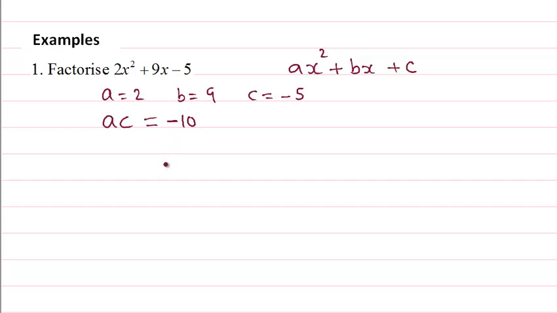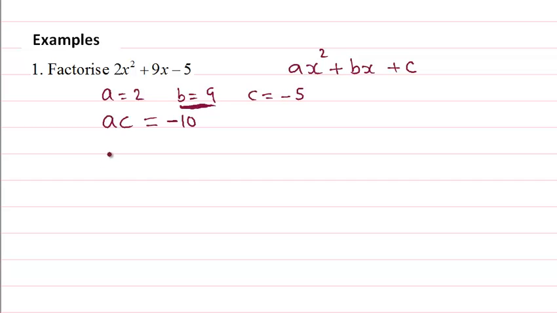Now we're looking for factors of minus 10 which add up to 9. So step 1, we work out a times c. Then whatever this number is, we look in the factors of that number which add up to 9.